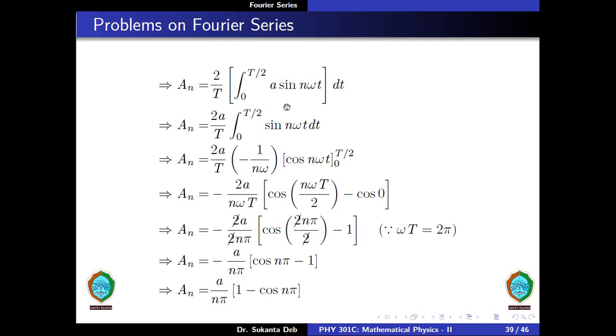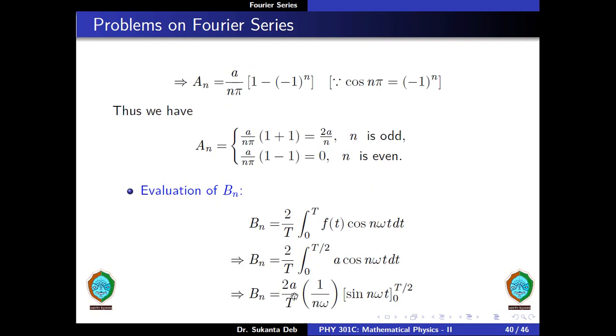Again we substitute the value of f of t, and we get the value of an is equal to a by n pi into 1 minus cos of n pi. Now cos of n pi is equal to minus 1 to the power n, so therefore an is equal to a by n pi into 1 minus minus 1 to the power n. So there are two cases that we have to deal with. First case, n is an odd integer.